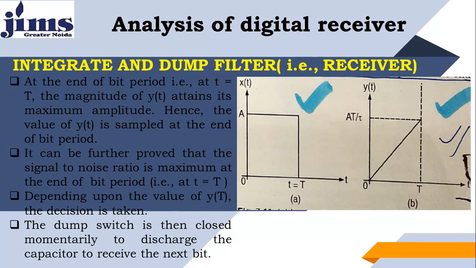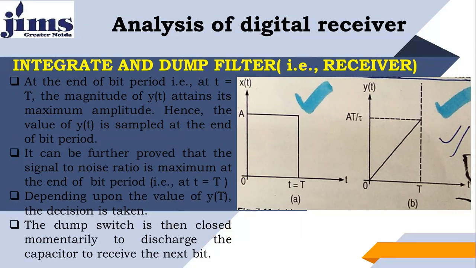It can be further proved that the signal to noise ratio is maximum at the end of the bit period. This is also true. Because we know that the pulse that reaches the receiver contains noise content also, so there is a noise power as well as signal power in that pulse. So there is always some signal to noise ratio attached with this pulse.